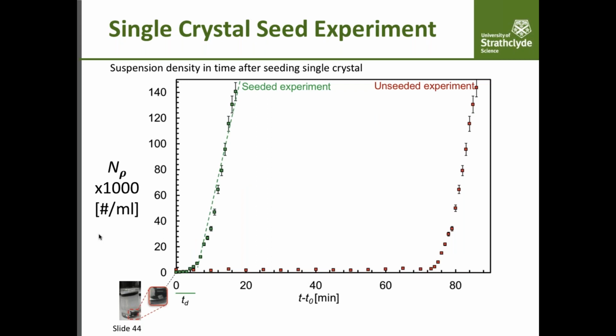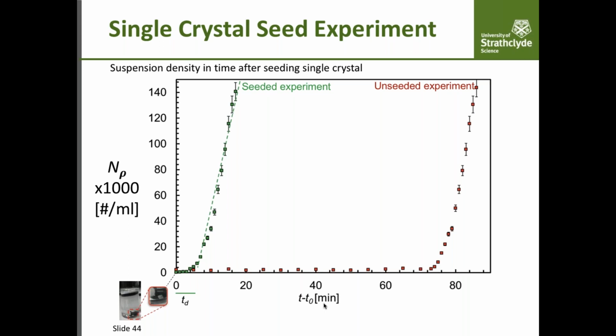So this is what we did. Here you see the suspension density as a function of time after seeding with the single crystal seed for both a seeded experiment and an unseeded experiment. These two experiments undergo exactly the same procedure, except that in the seeded experiment we add a seed, and in the unseeded experiment we don't add a seed.